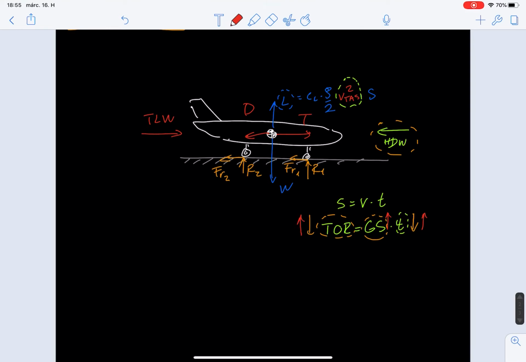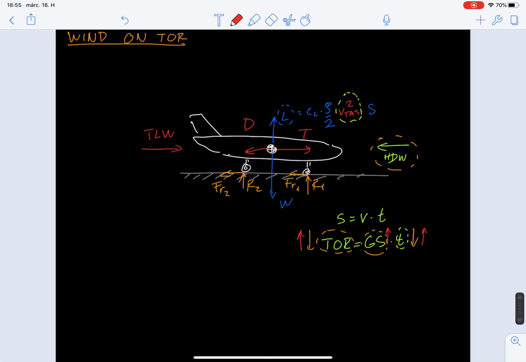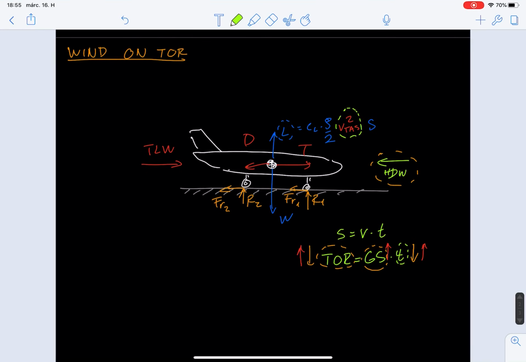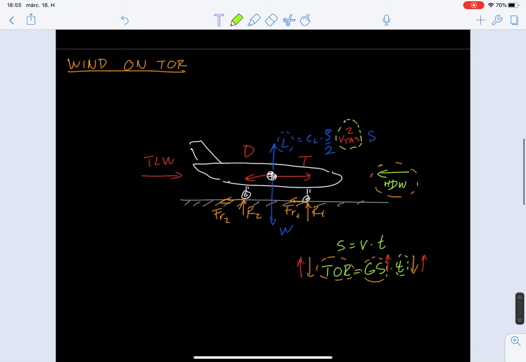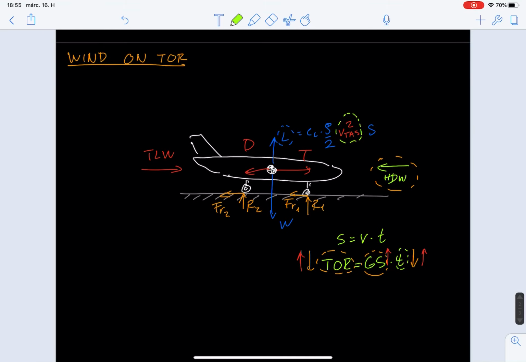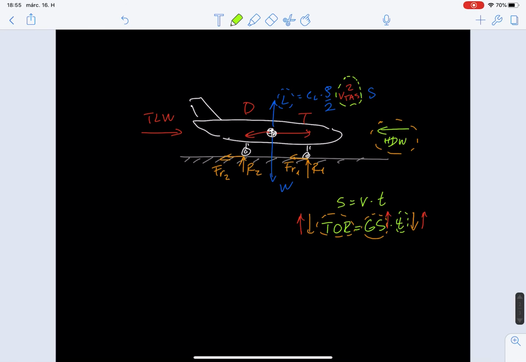Therefore, your takeoff run is going to increase. So we can clearly say, even if it takes the same amount of time for you to reach the liftoff speed, which it doesn't, but if we considered it did, even the difference between the ground speed would give us the same effect. So we can say altogether that if you have a headwind component, your takeoff run is going to definitely be reduced. And if you have a tailwind component, your takeoff run is going to increase.